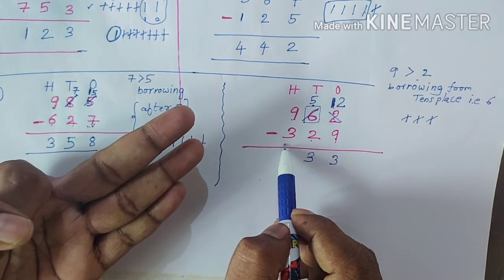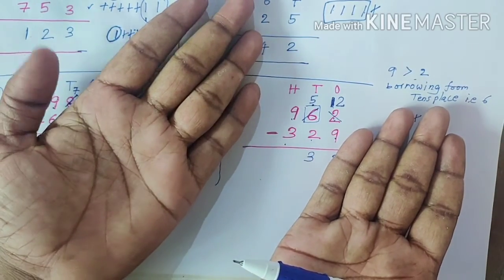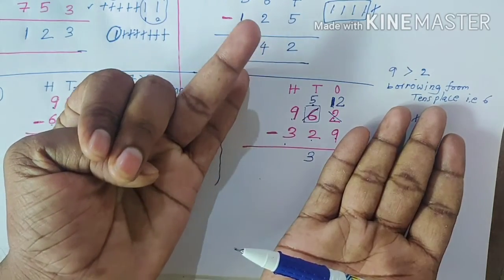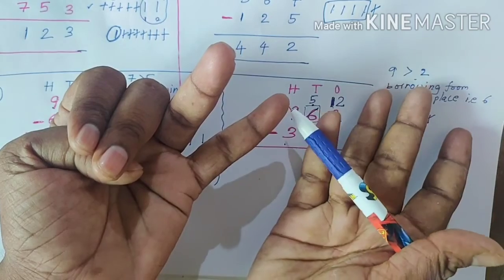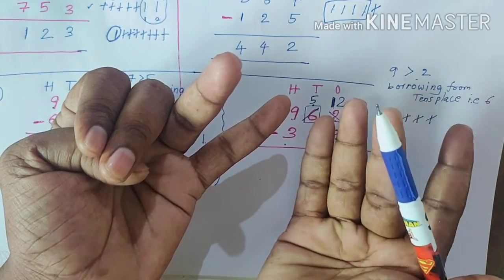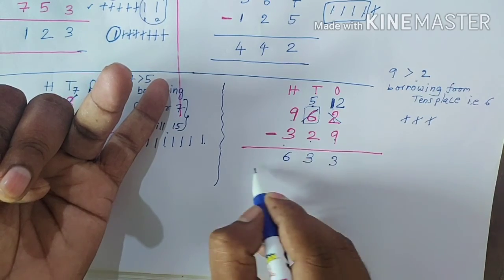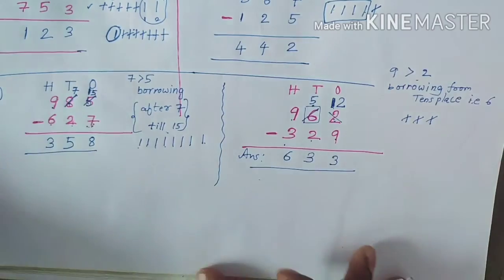Take 9 fingers and subtract 3. So 1, 2, 3, 3 closed. How many are left? 1, 2, 3, 4, 5, 6. So write 6 just below the hundreds column. So that's the answer. In this way we perform subtraction.